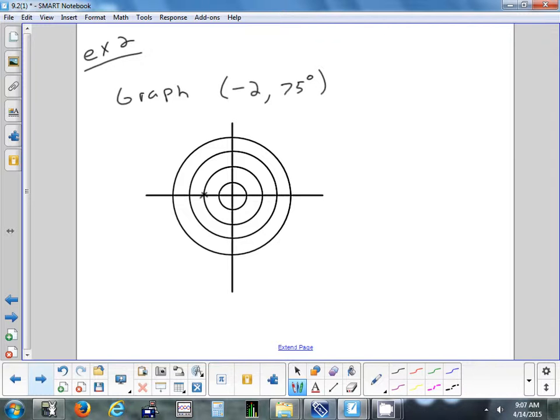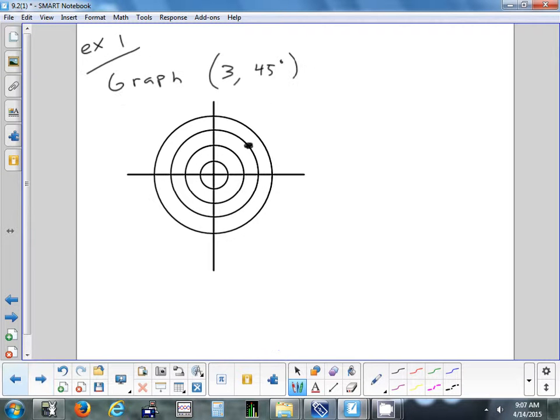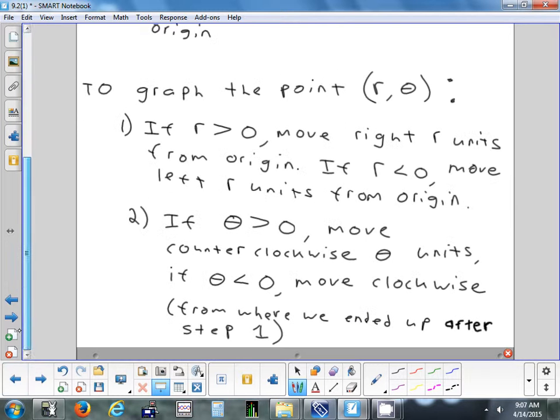So this is positive 75 degrees. Positive angle. So which way is it for positive 75? Counterclockwise or clockwise? Counterclockwise. Okay, positive angles. If theta is greater than 0, which in this case it is, it's 75, move counterclockwise.